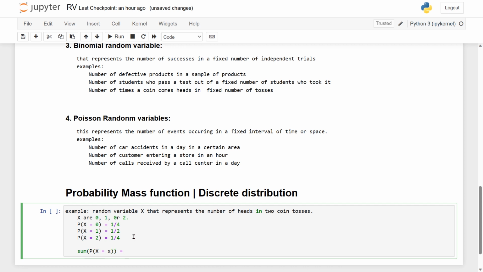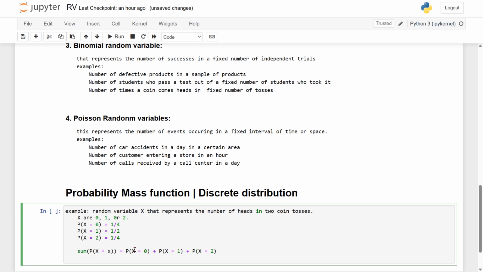So this is 2, this is 1, this is 0. Let me add all of them together. It's 1 divided by 4 plus 1 divided by 2 plus 1 divided by 4.